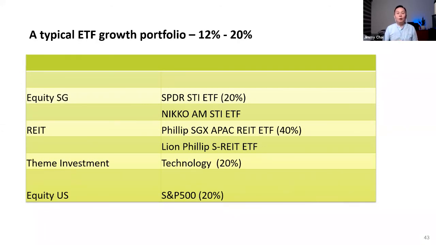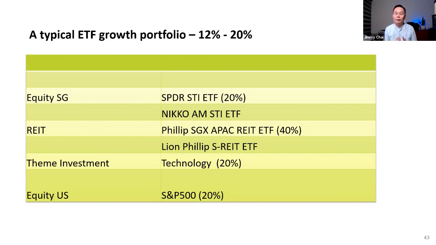If I'm looking for growth, typically you don't get a dividend payout, because you're only concentrating on the growth. For this kind of portfolio, we will probably be aiming in the region of 12 to 20%, annualized.